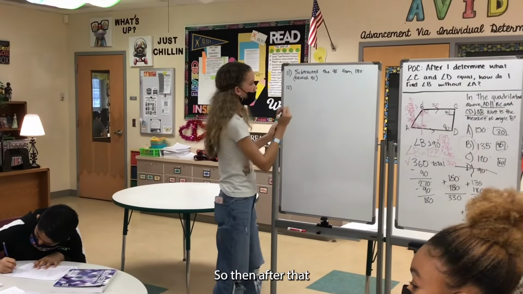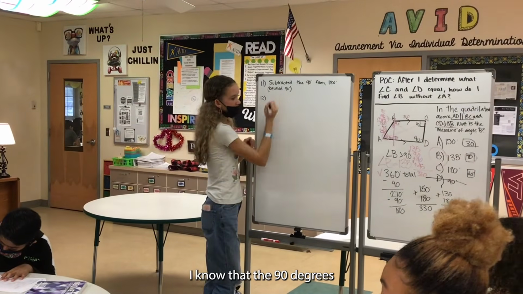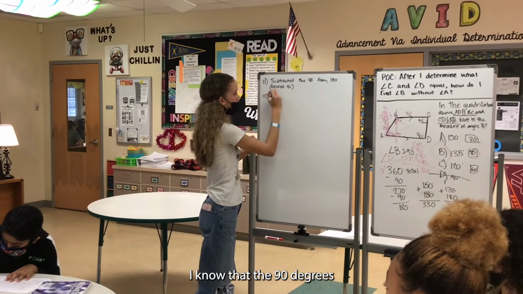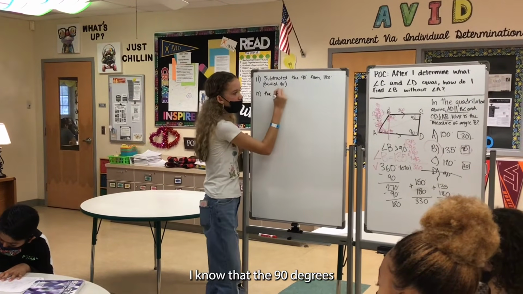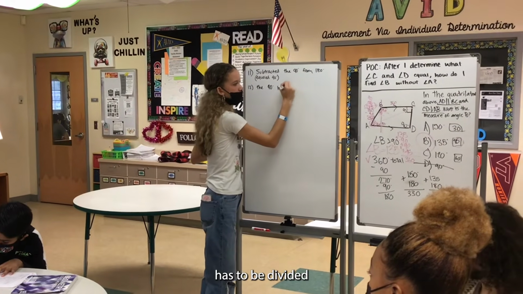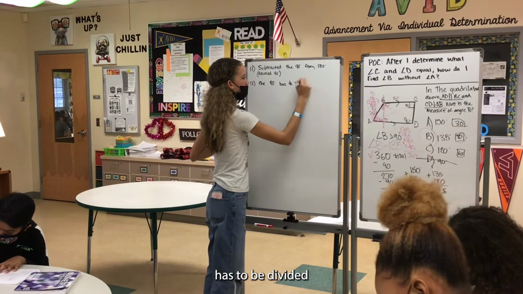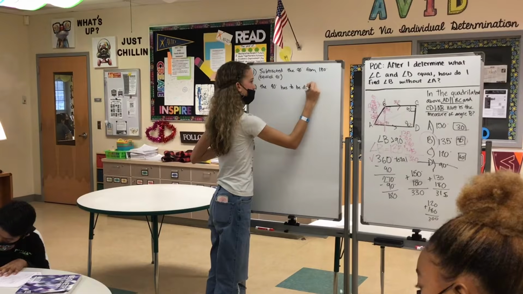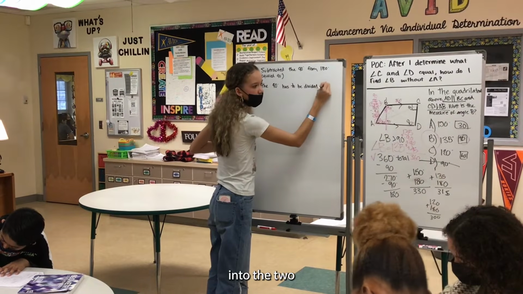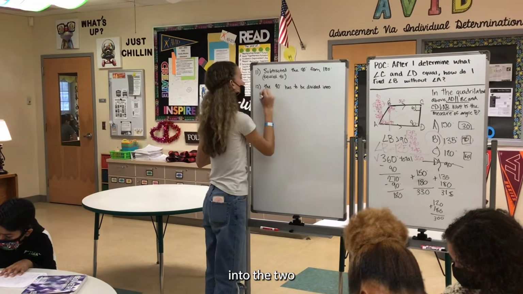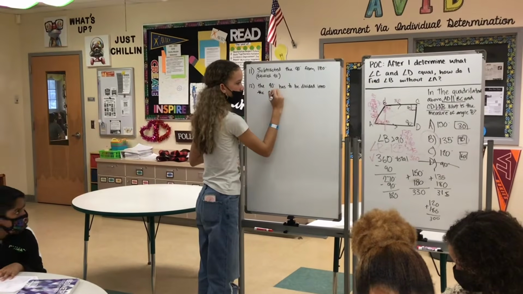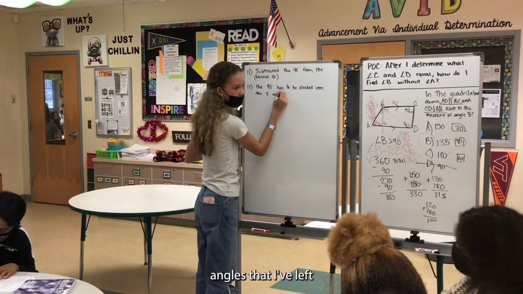So then I knew that the 90 degrees has to be divided into the two angles that are left.